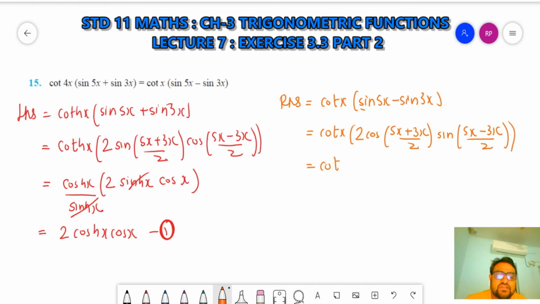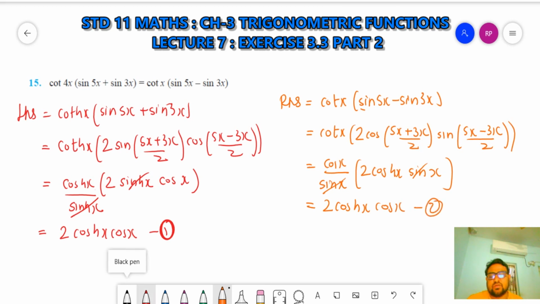Now instead of cot x, I will use cos x upon sin x. 2 cos 4x, since 8x by 2 is 4x, and sin x, since 2x by 2 is x. Sin x gets cancelled. So this is equal to 2 cos 4x cos x.